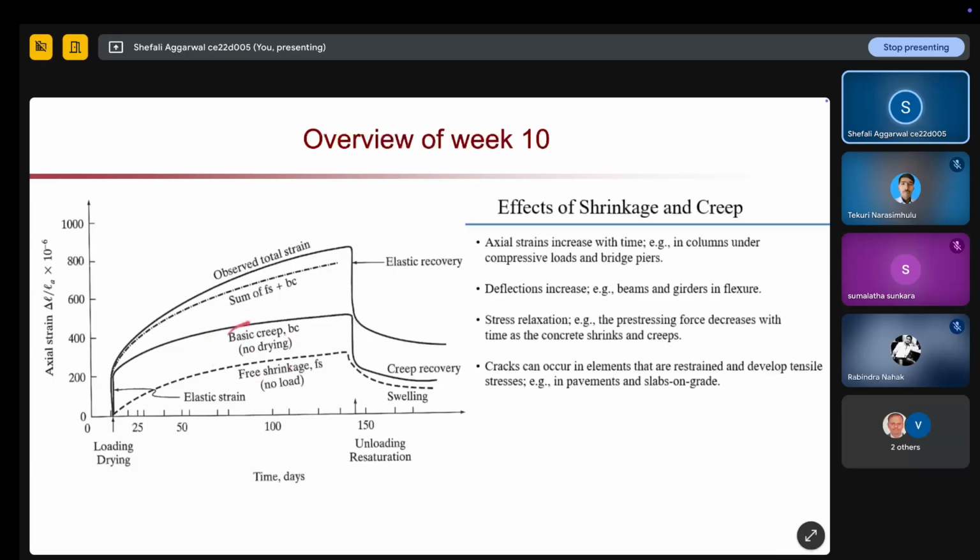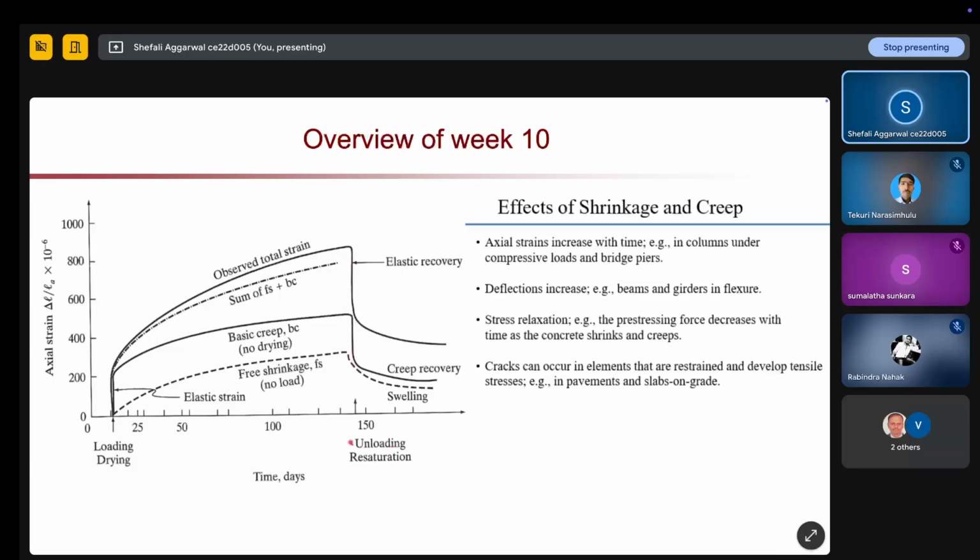So combining both basic creep and free shrinkage, you will get the observed total strain value in your system, and after you unload it, you will see an elastic recovery in the system. Mainly if you talk about the recovery area, these strains can be fully recovered when you are unloading your system, or you are resaturating your system.